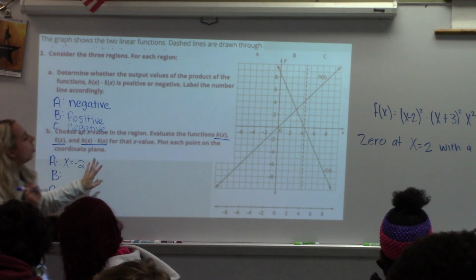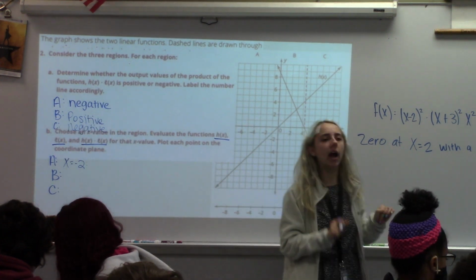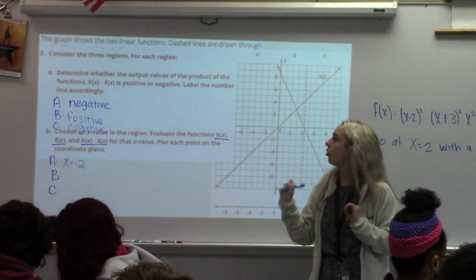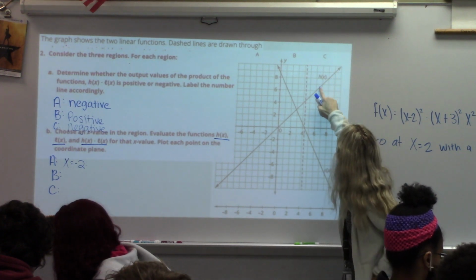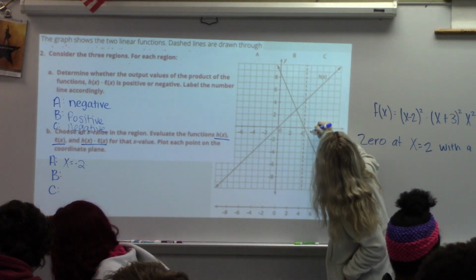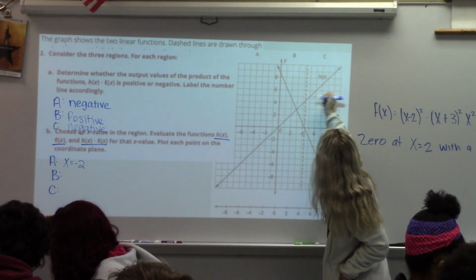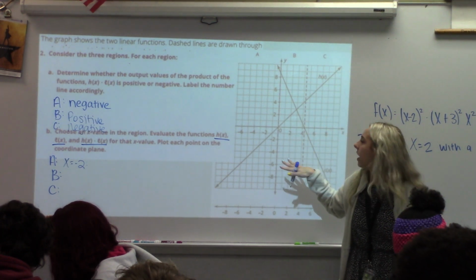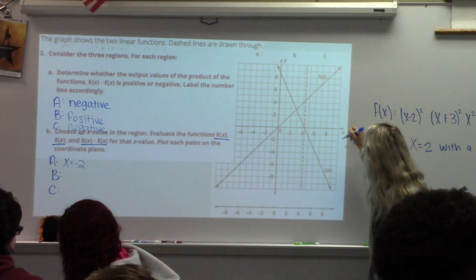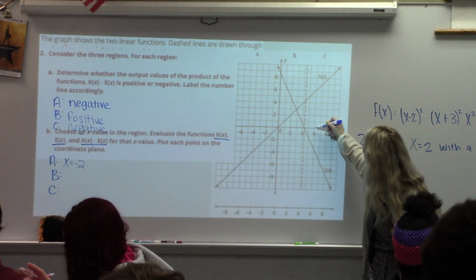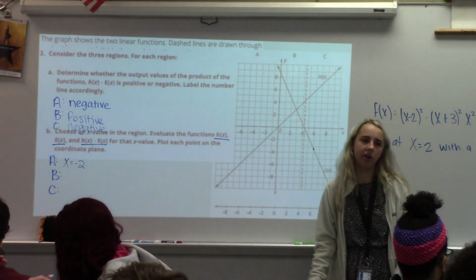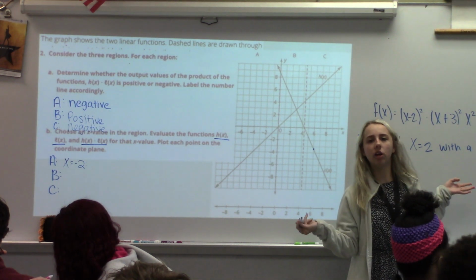So, remember we talked about yesterday, this graph's not all nice and pretty for us to just look. We can't look at every h of x and say, okay, at 6, or at the L of x, because the h of x is x, so that one's fine. But the L of x, we can't look at 6 and know what y value that is. So what can I use to help me figure that out?